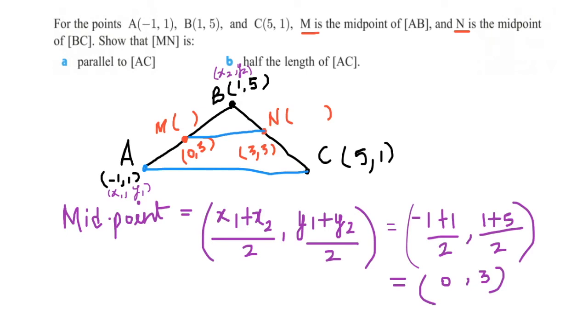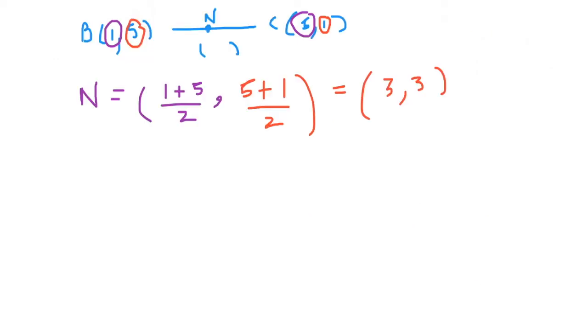So here I have to show MN is parallel to AC. You can show that MN is parallel to AC if their slopes are the same. So now I have to find the gradient of MN and the gradient of AC. So let's find it.